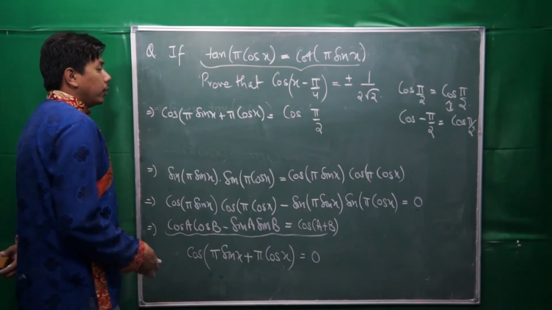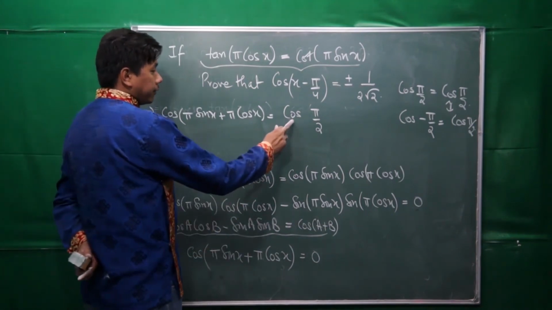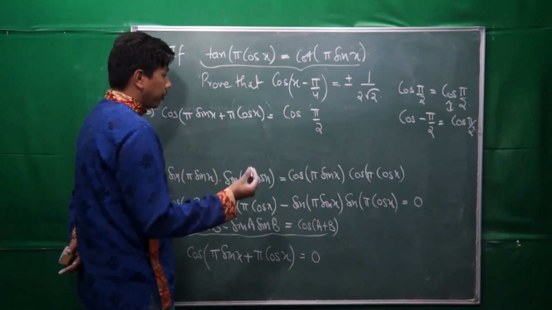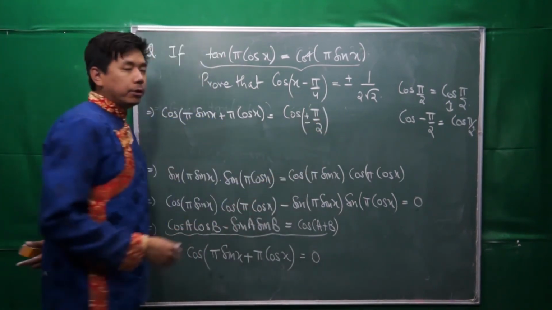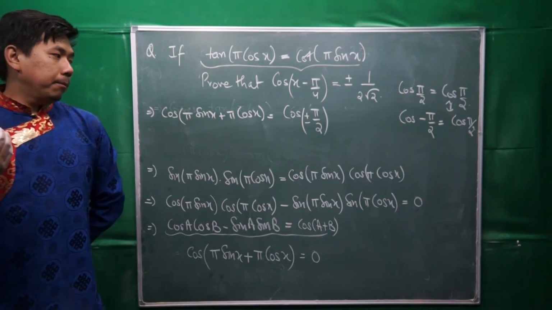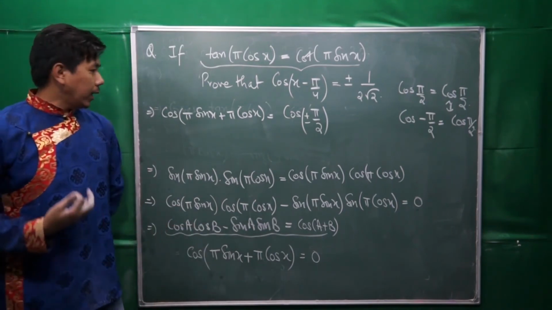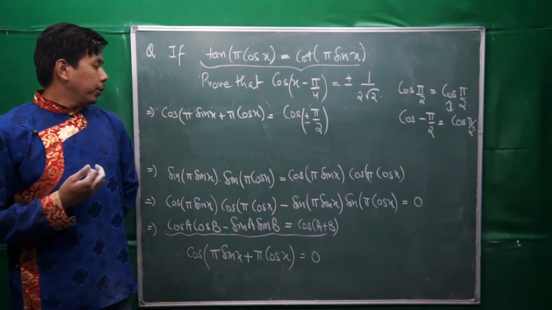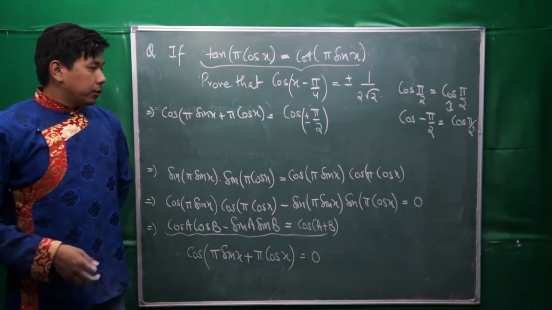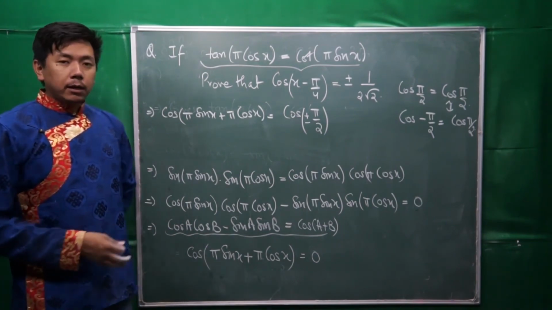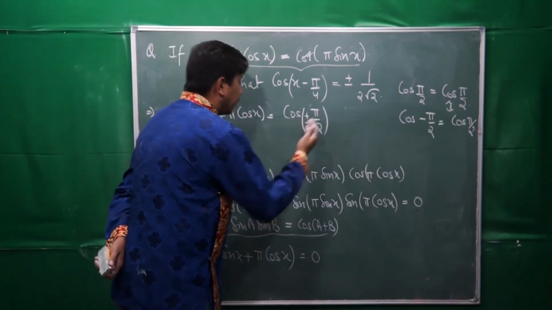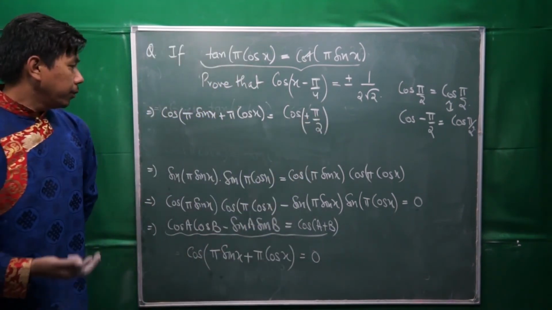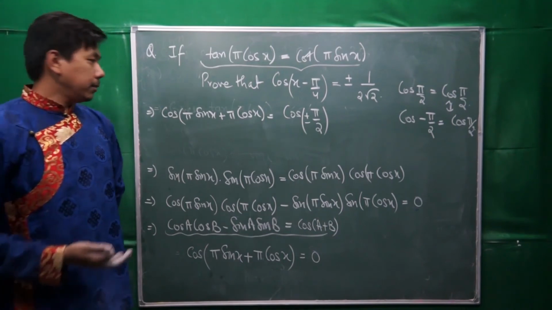So therefore, instead of just writing cos pi by 2, we are going to write it as plus or minus pi by 2, whichever case it may be. We can't be sure. So to make it clear, instead of being definite about the angle being just positive pi by 2, we are going to write it as plus minus pi by 2.